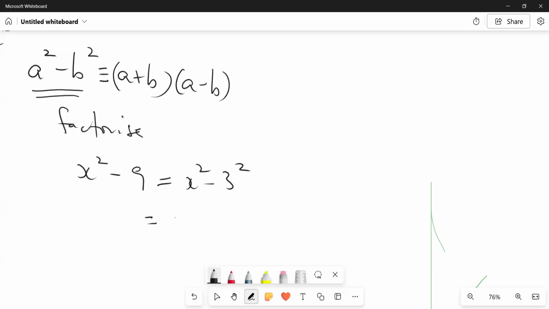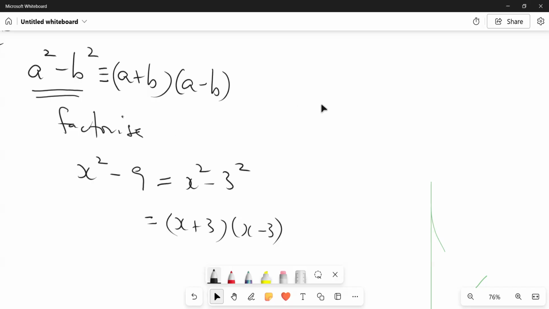So that's equal to x plus 3, x minus 3. So there's no need to do a whole set of steps. You're actually making use of what we call an identity. You see, I put 3 strokes there. This is identical to that. So once you recognize this, you know what you're dealing with, a difference of squares, and you could apply the formula.